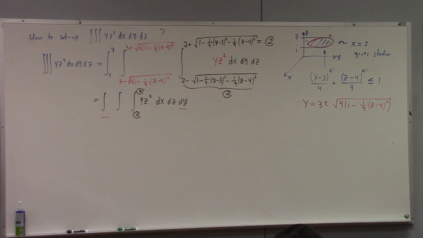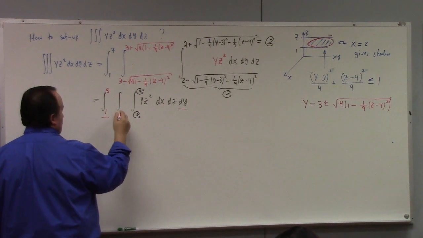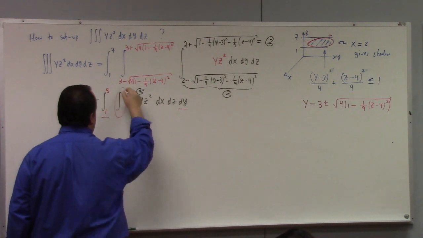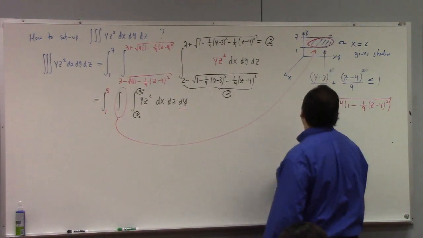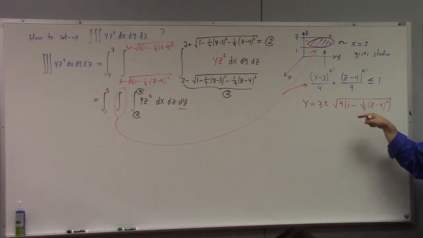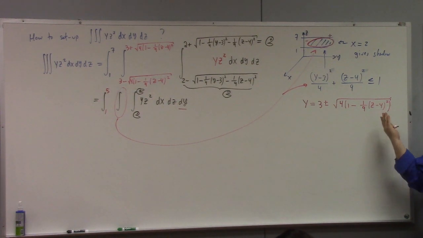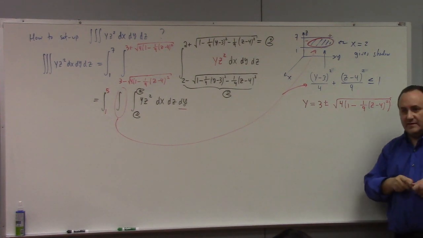Very good. Now, to figure out the others, we'd actually have to go back over to here, and instead of solving for y, solve for z. But more or less the same setup.